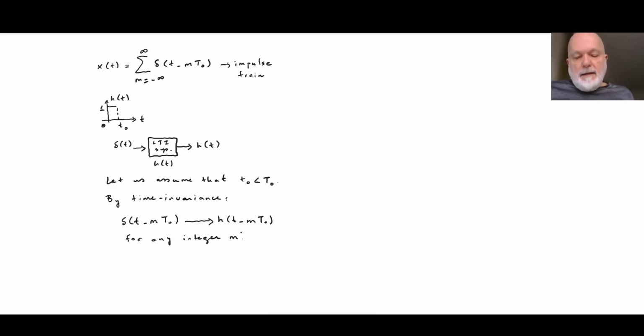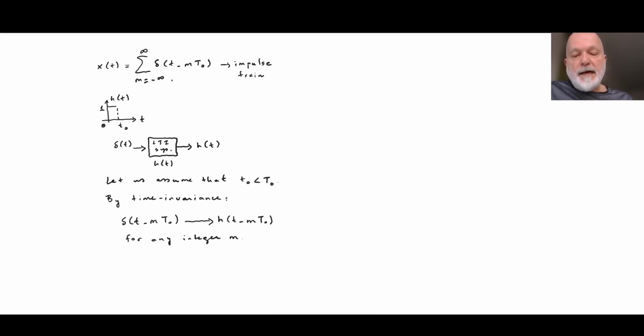Okay? So, since we know that delta of t gives us the output h of t, the shifted impulse, shifted by the amount m t0, will give the impulse response, which is also shifted by the same amount, by time invariance.